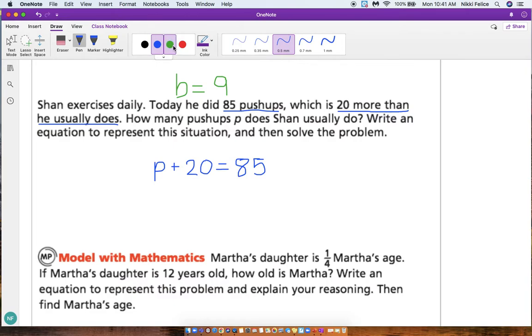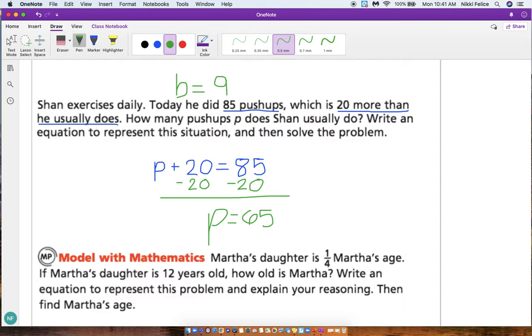Now again, we can solve this by completing the inverse operation by subtracting 20, where we would get the answer P equals 65. So normally, Shan does 65 push-ups, but today he did 20 more than he usually does.